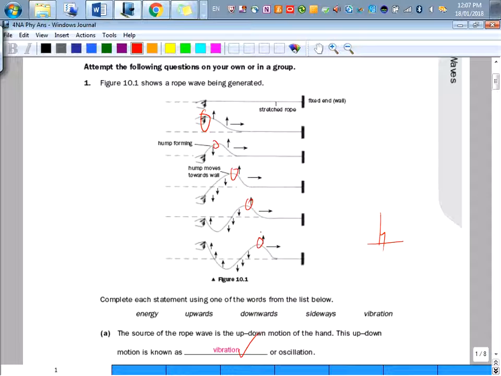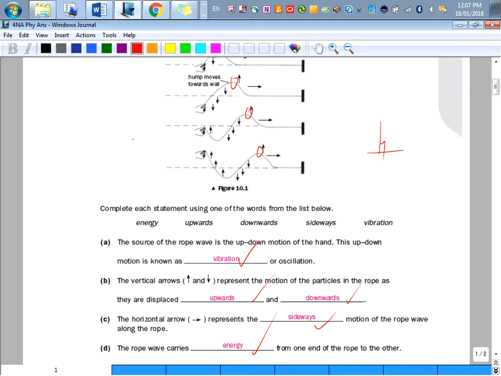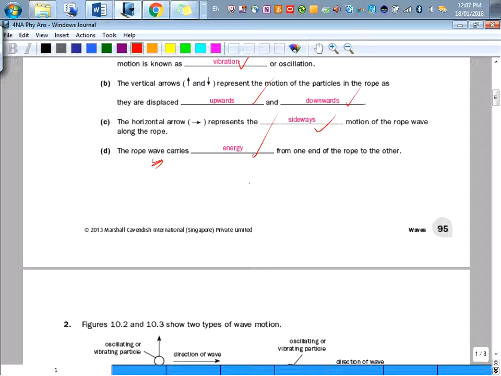So that we call it the wave is moving to the right. But is the particle in this rope moving to the right? No, it is not. It's only moving up and down. So that is why we say waves carry energy from one point to the other without any transfer of the medium. In this case, the medium is the rope.